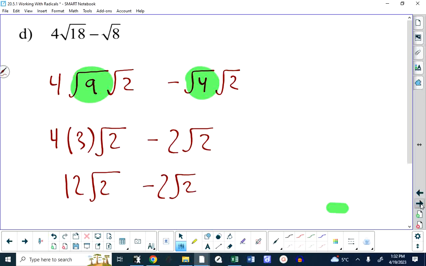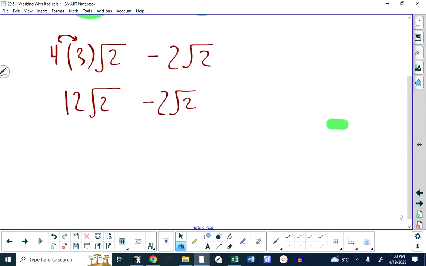We're going to talk more about this tomorrow, but the fact that the 4 and the 3 are both outside means we can multiply them together. It's no different than having 4 times 3x. You get 12x. Now, can I subtract them? Sure, I get 10 root 2 because now they're the same. Any questions with that one?